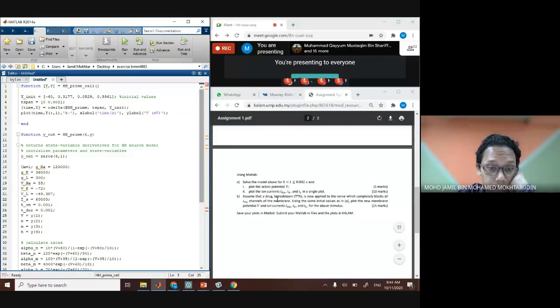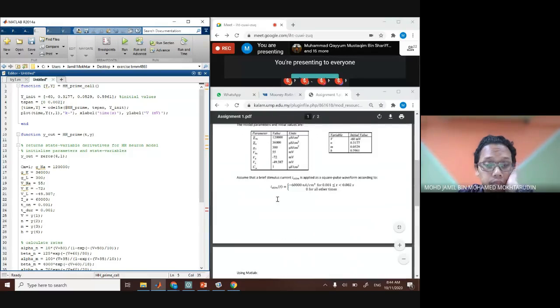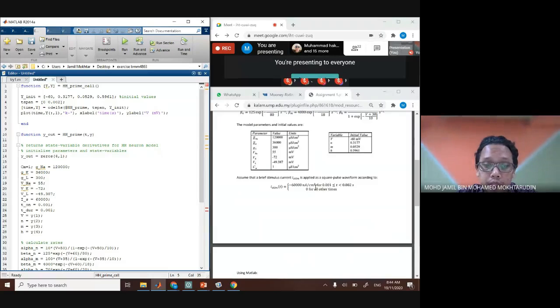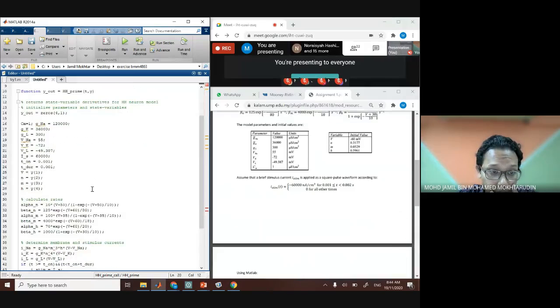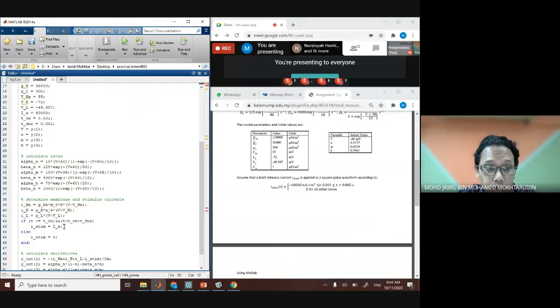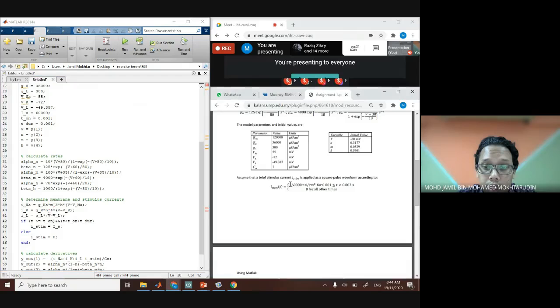And then this part here, ice steam. So ice steam here says that from 0.001 until 0.002 second, I step equals negative 60,000.